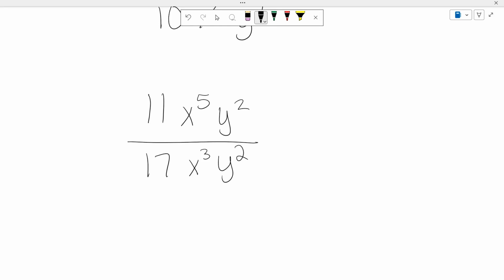Okay, you got to think a little bit. Think a little bit. Are there any gazintas for 11 and 17? No gazintas. What goes into both of them?